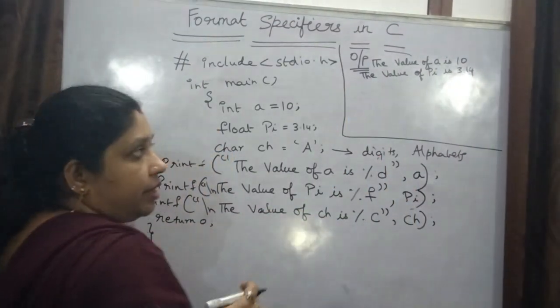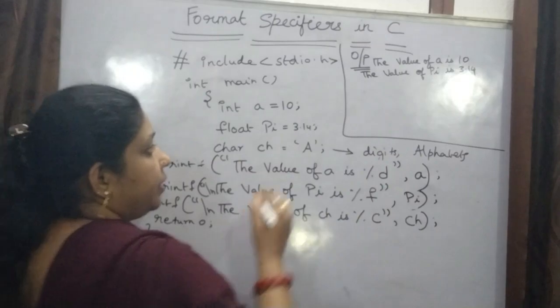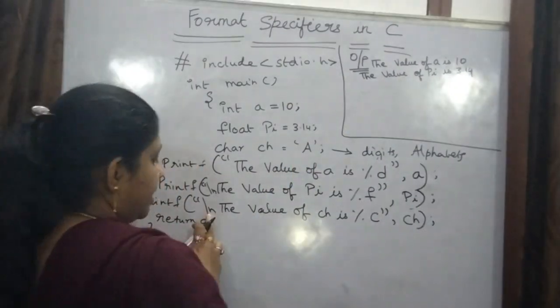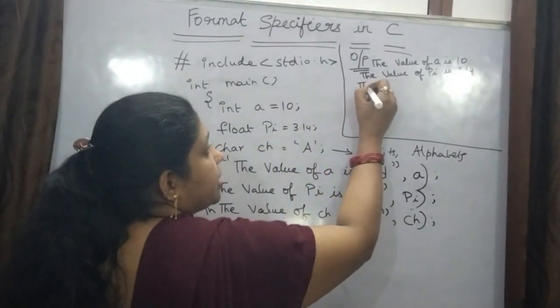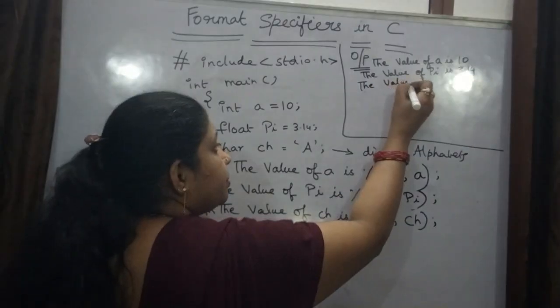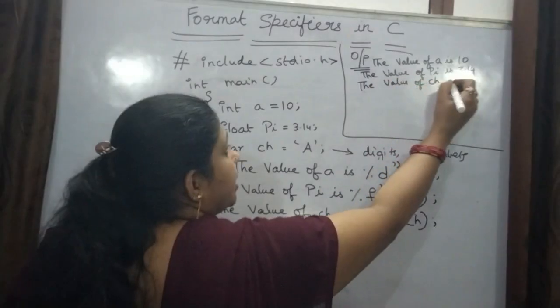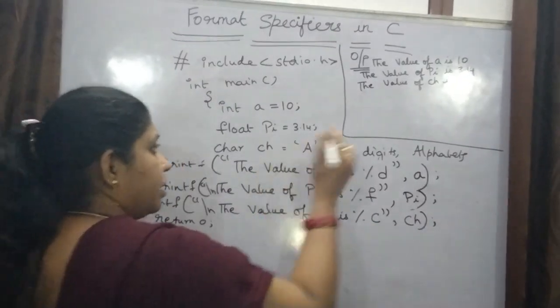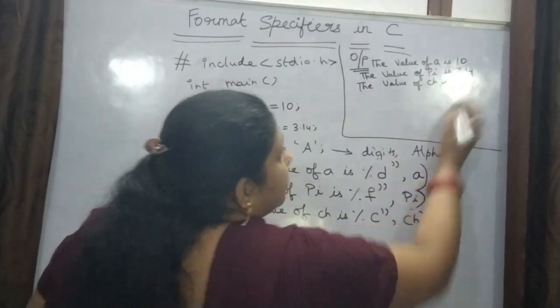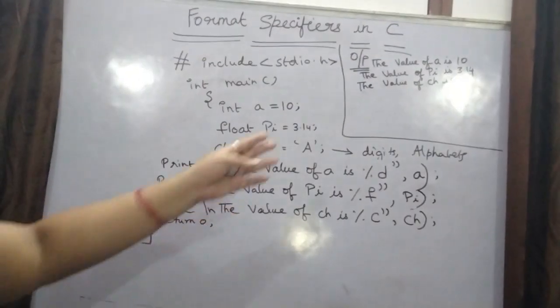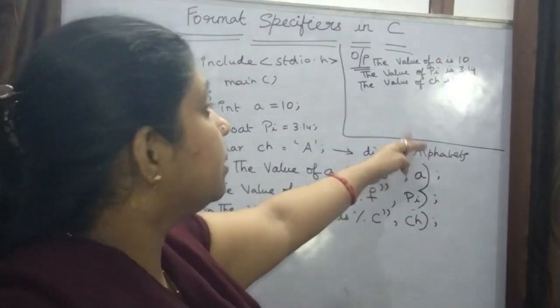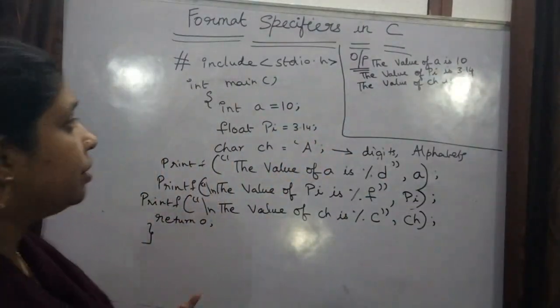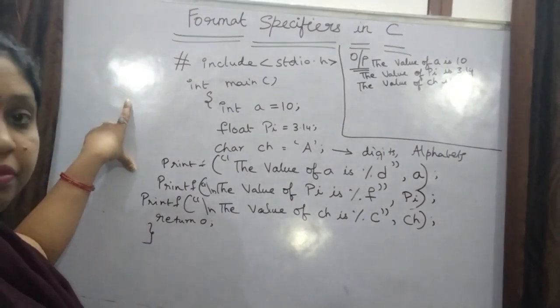It will display like that. Next value, backslash n is there, so it will come to the next line. The value of ch is, what is there in ch? A. So your output will be like this. Okay, understood? Now this is about the printf statement.